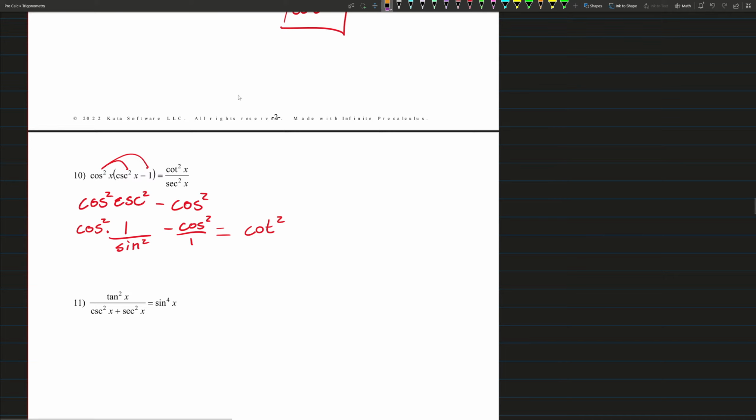I'm going to leave this. I'm going to try and subtract those two fractions. So we get cosine squared over sine squared minus sine squared cosine squared over sine squared.